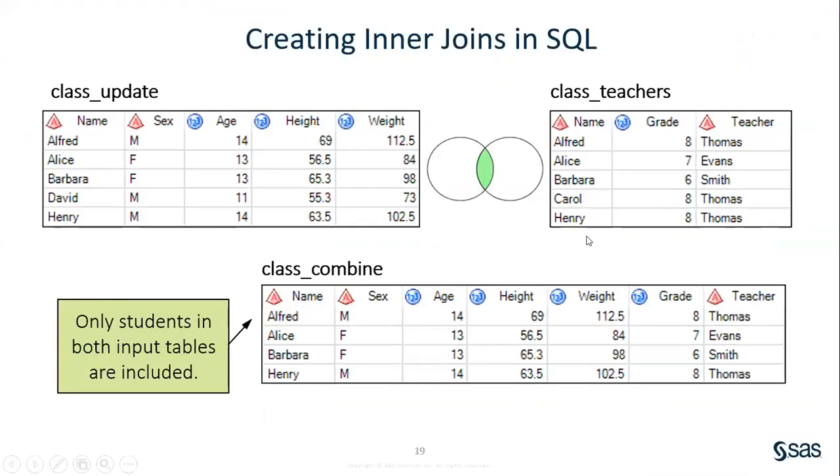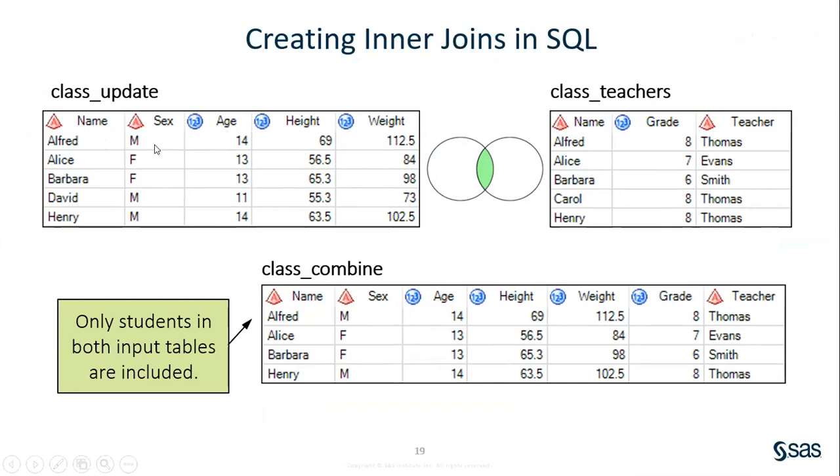So join. It's telling you that you can join the two tables on the basis of a common variable and select only matching rows. You can combine on the name column to select only matching rows. See, Alfred is in teachers, Alfred is in class update.